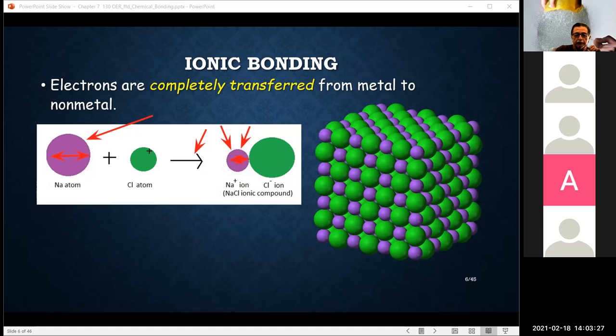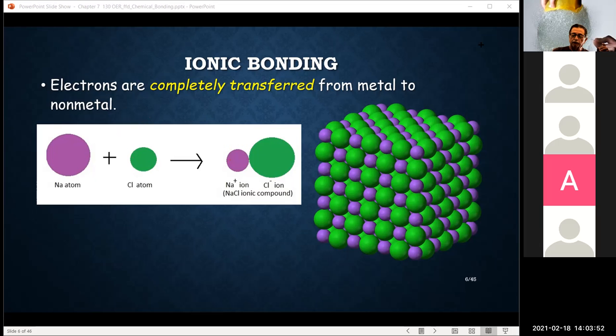Now the chlorine atom has a diameter, but it's in group 7. There's 7 valence electrons. It's going to pick up 1 electron, and when that happens, its diameter gets bigger. So the nonmetal gets bigger by picking up an electron.